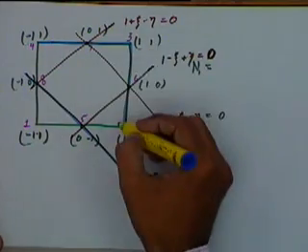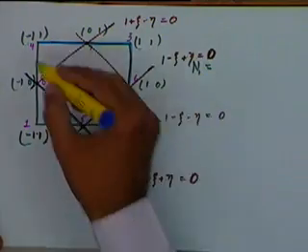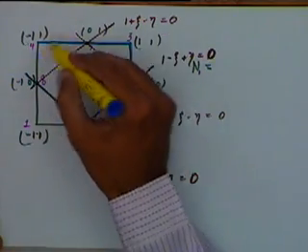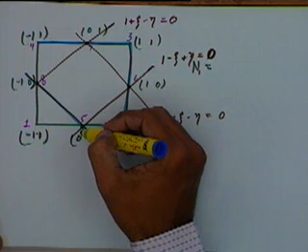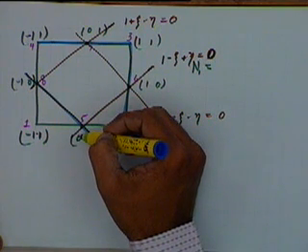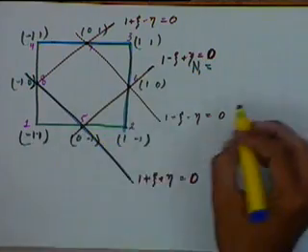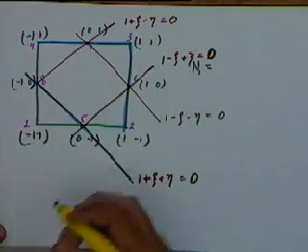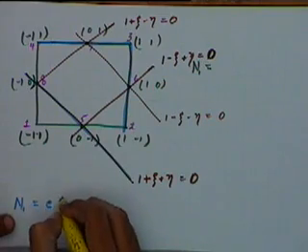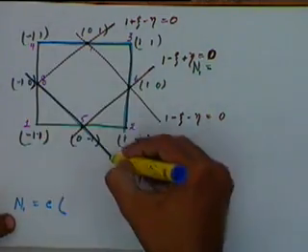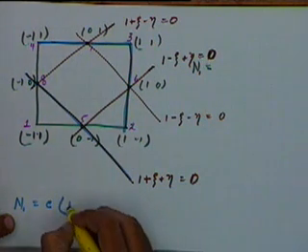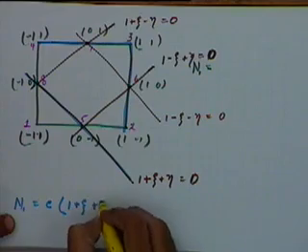So I consider these 3 straight lines and I say that N1 will be 0 at all these 3 straight lines, that will ensure that N1 will be 0 at all the other nodes. So that would mean that N1 will be of the form some constant multiplied by the equation of this straight line, which is 1 plus zeta plus eta.